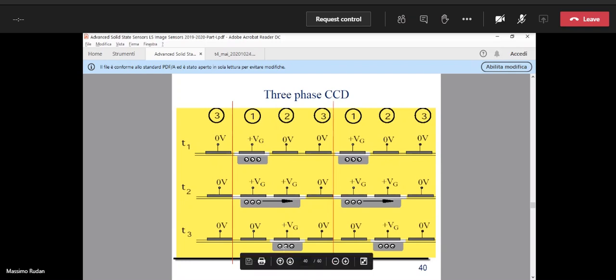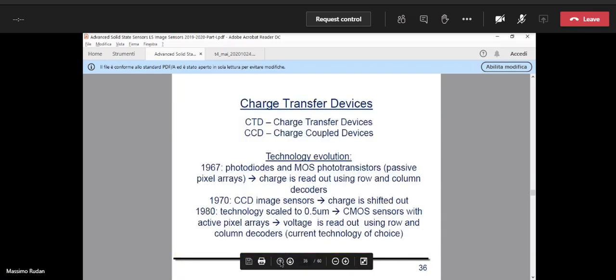So this is why at some point they kept investigating and they started manufacturing CCDs in 1970.